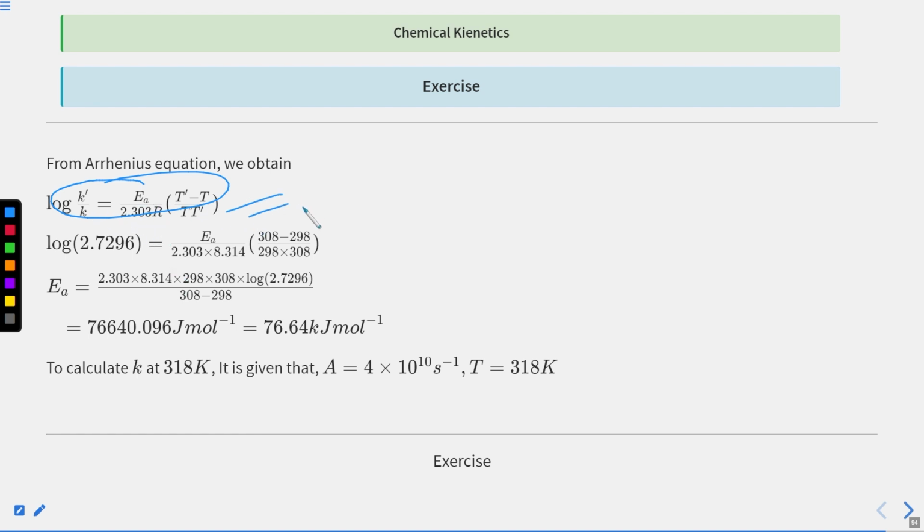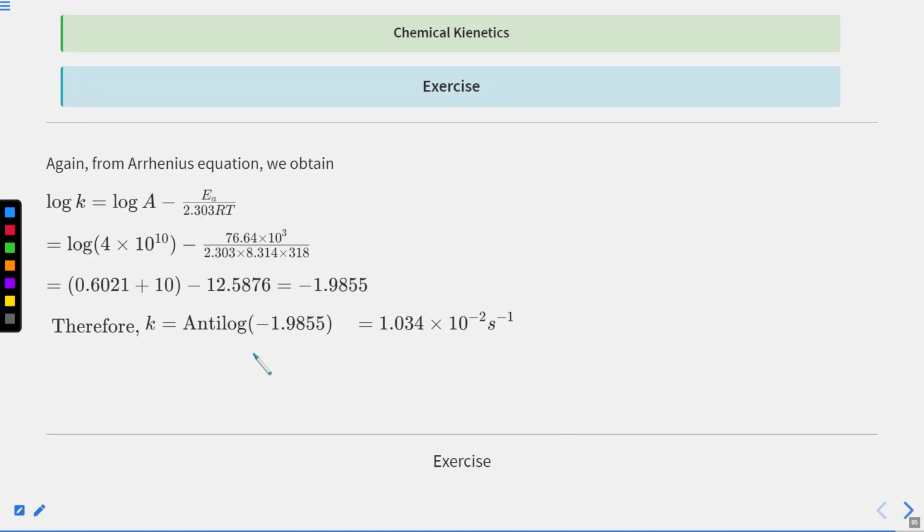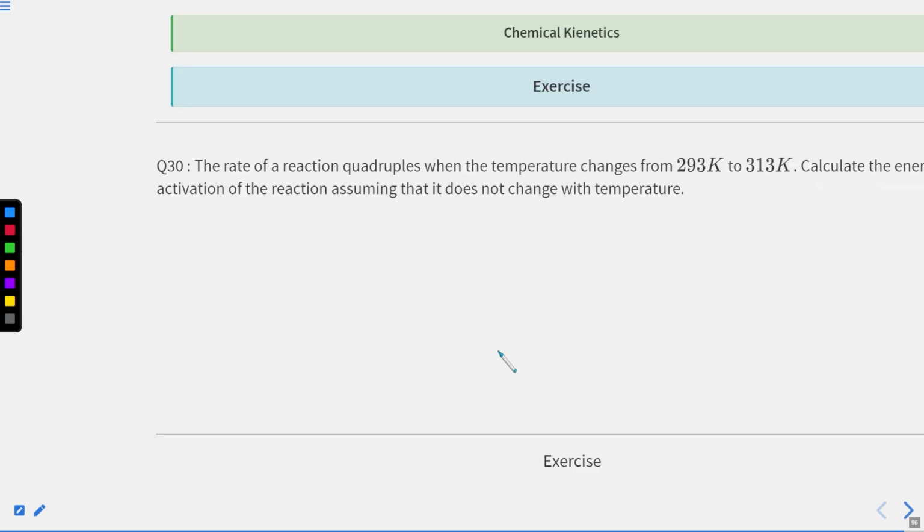So two variables, two equations you got. Solve it to get the values of K and K dash. Further, find the value of EA and the K value at the different temperature. Hence, we can find 1.034 into 10 to the power minus 2 as our final answer.